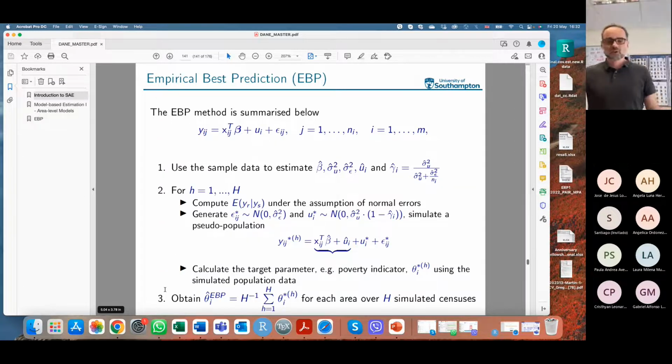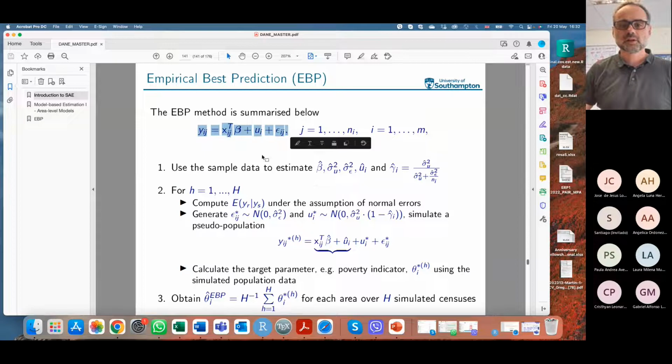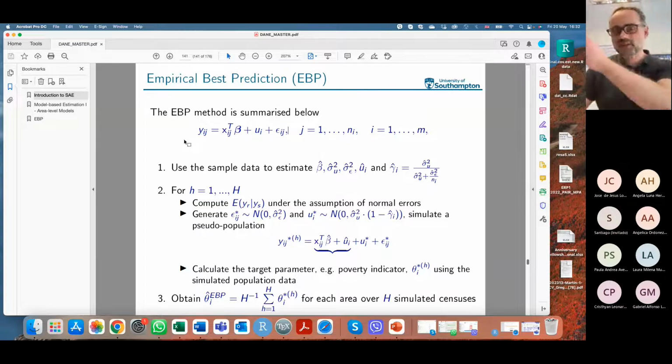So the EBP method uses exactly the same model. Look at this model here. It is exactly the same model as before. So my Yij, think of that as logarithm of income plus a shift parameter, is equal to Xij beta plus Ui plus Eij.